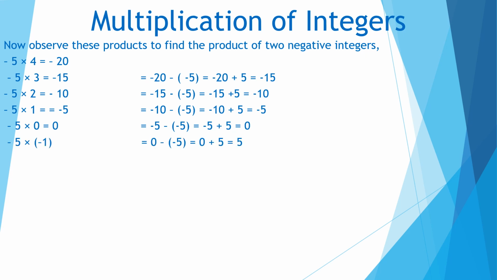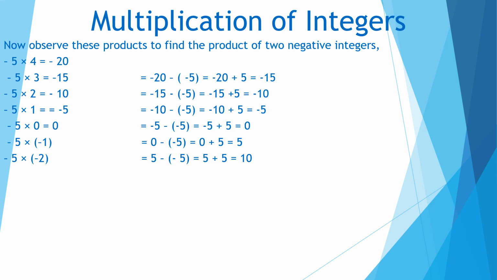Now we have two negative integers, minus 5 multiplied by negative 1. Here we follow the pattern and we write 0 minus negative 5. This is equal to 0 plus 5 equals 5. Now for this term also we observe the pattern.